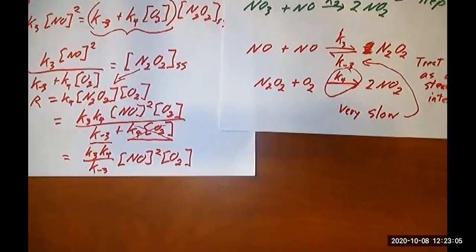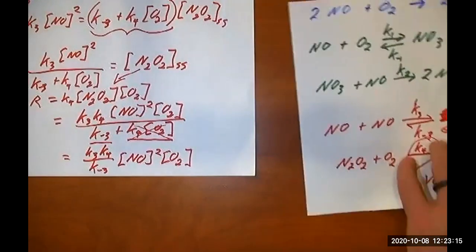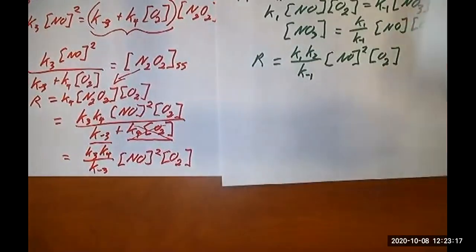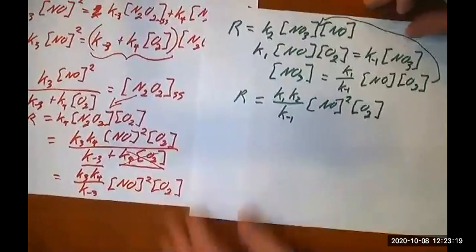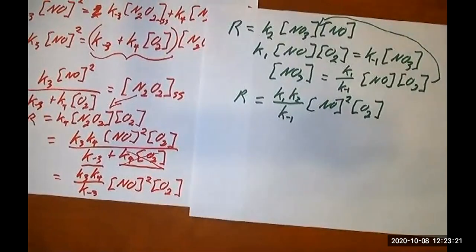So now there are a couple of things I want to point out. The first is if we look at our two mechanisms, we end up with, in both cases, second order in NO and first order in O2. So just from the reaction orders, we can't necessarily tell the difference between these two.